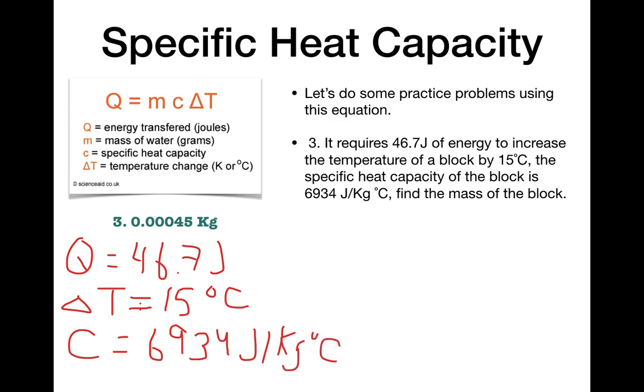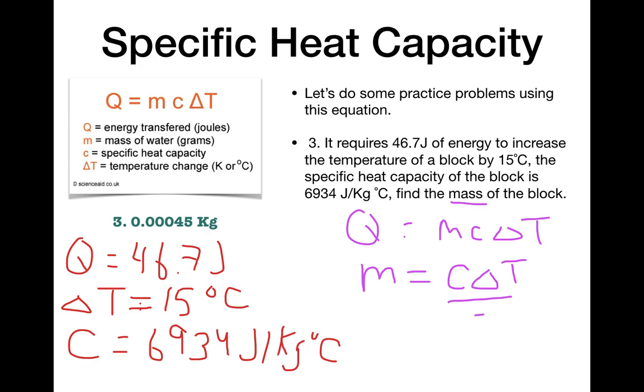This time I have to rearrange my formula. I have Q equals mc delta T, but this time I'm looking for mass. So what you can do is rearrange the formula where mass is equal to C delta T divided by Q. And then just put your values in.